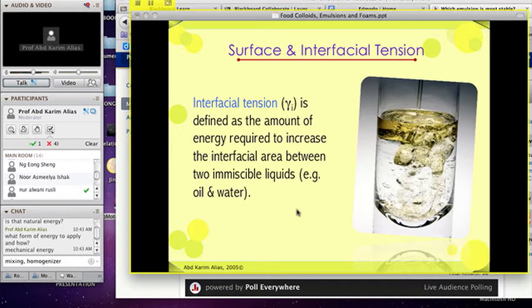So it is liquid and liquid. For example, in this picture, we are dispersing oil into another liquid. The interface between the oil droplets and the continuous phase is where the interfacial tension acts. That's the difference between these two terms, surface tension and interfacial tension.